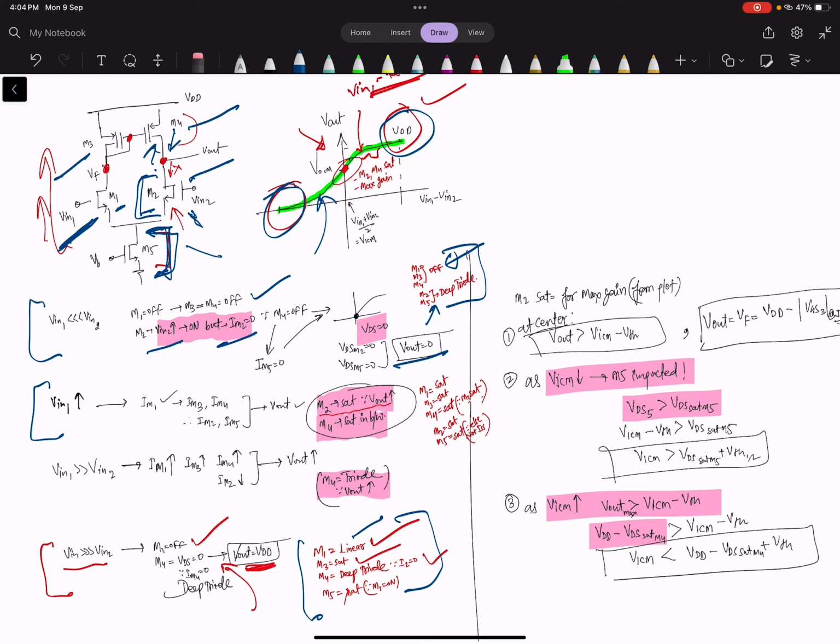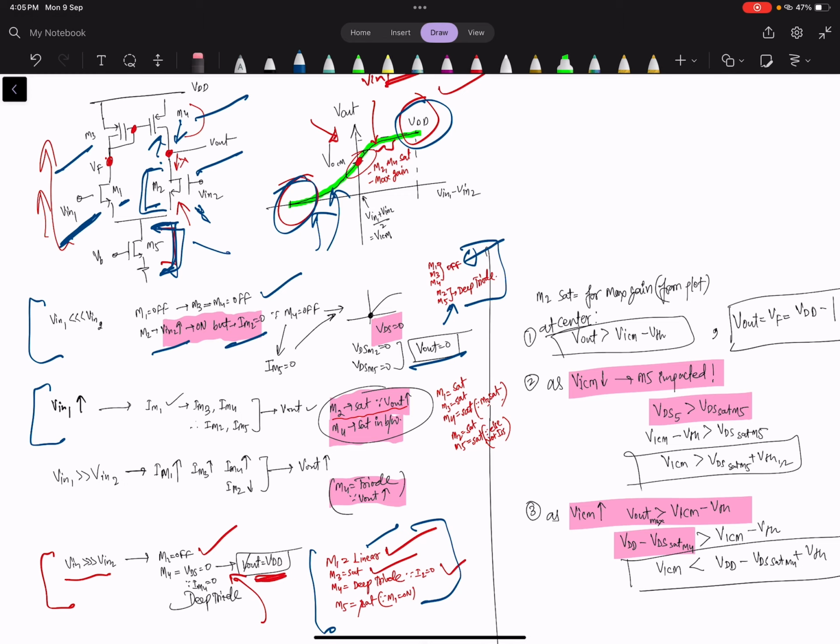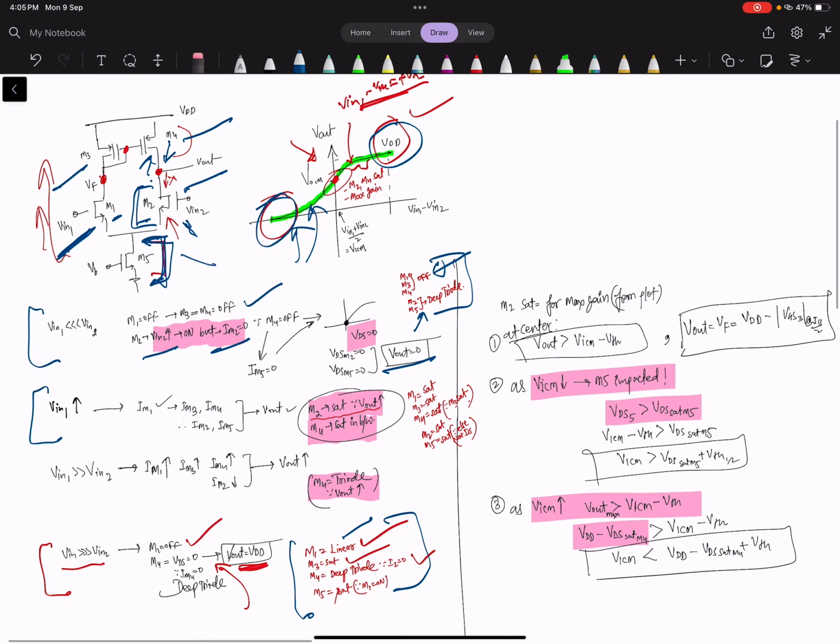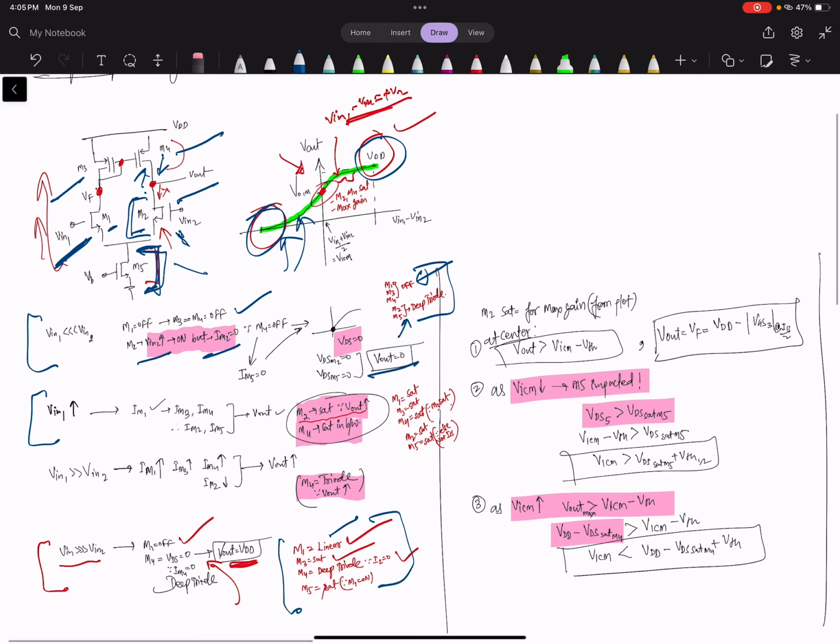Now let's go to when Vin is increased slowly from a very low voltage. So here, Vin is increased.